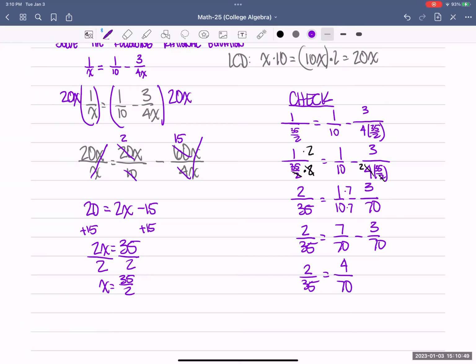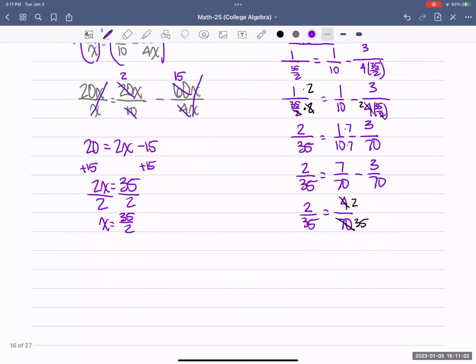I see that both the numerator and denominator are divisible by 2. 4 divided by 2 is 2, 70 divided by 2 is 35. That leaves us with 2/35 is equal to 2/35, which is exactly the same, which tells us that this is our one and only solution here.